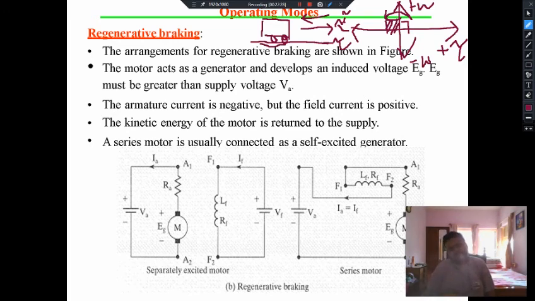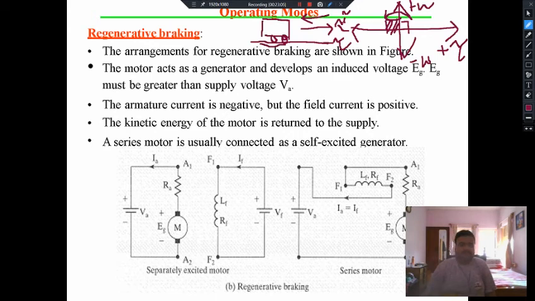That means if we can somehow reverse the direction of the power flow, then we will have an opportunity to prevent the power from getting wasted and send it back to the power supply. Right?